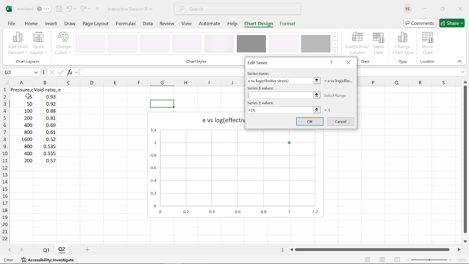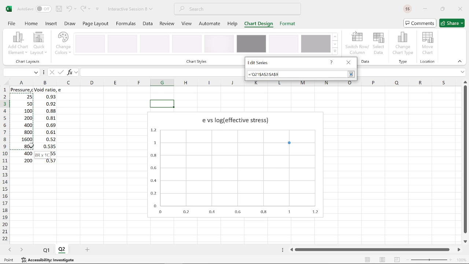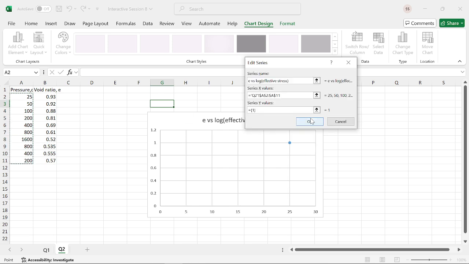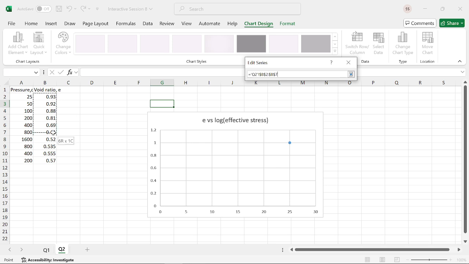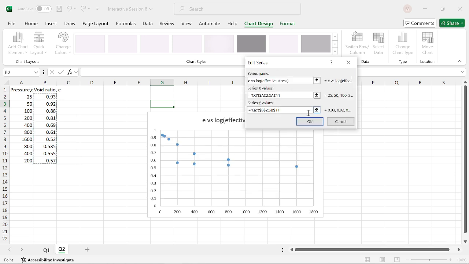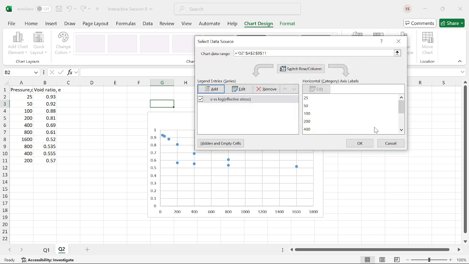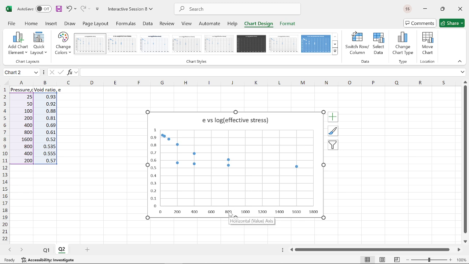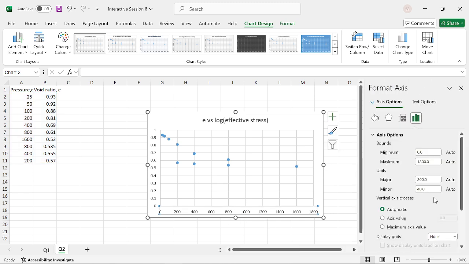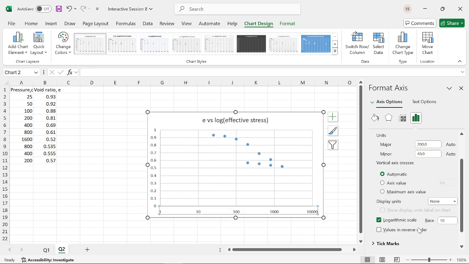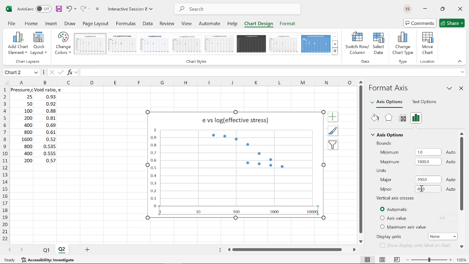X value will be the pressure, Y value will be the void ratio. And this will be in log scale.